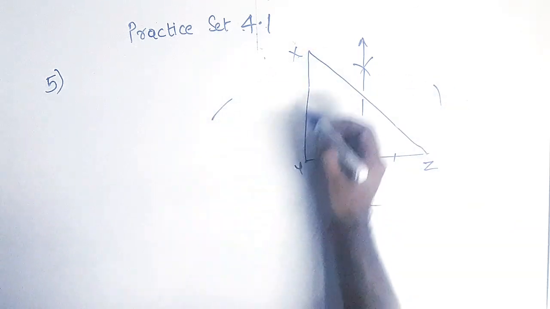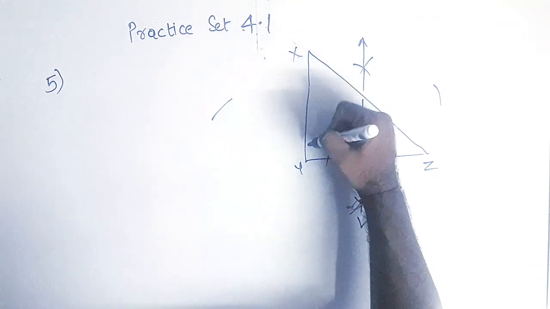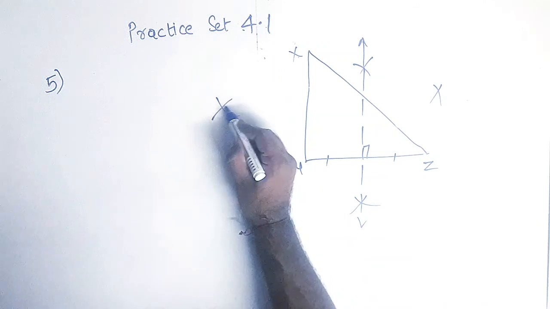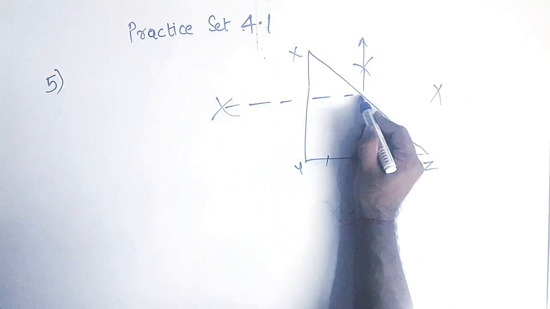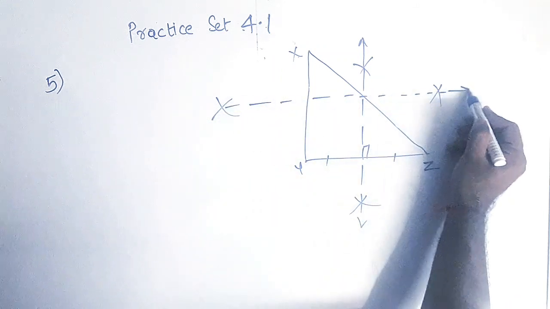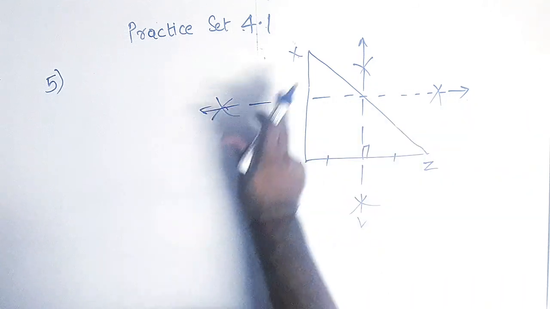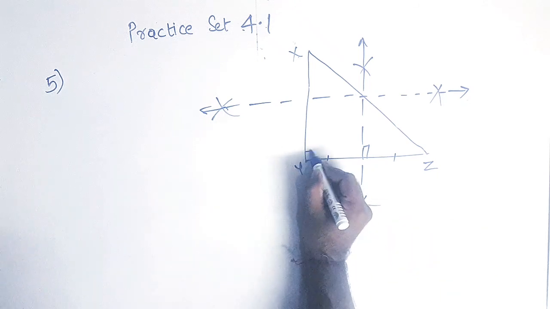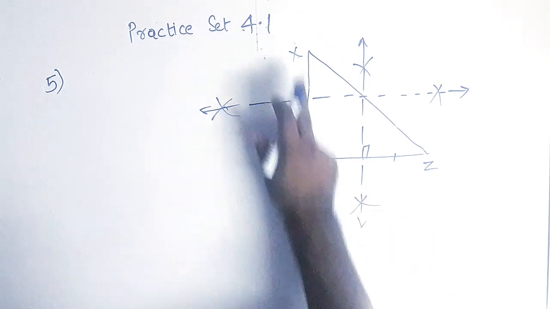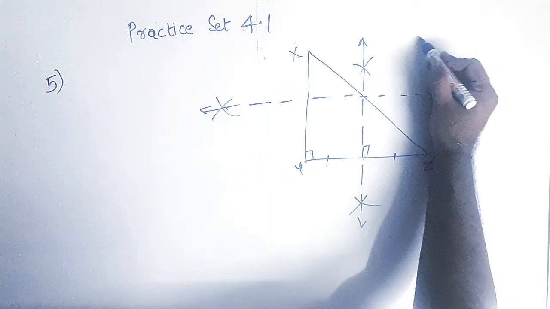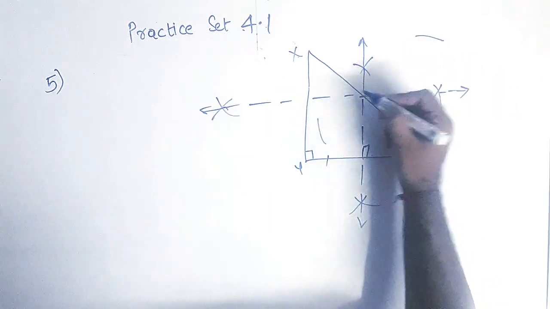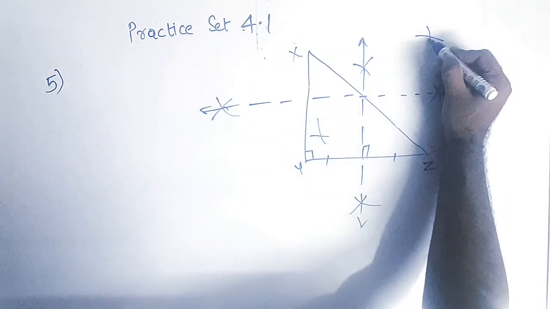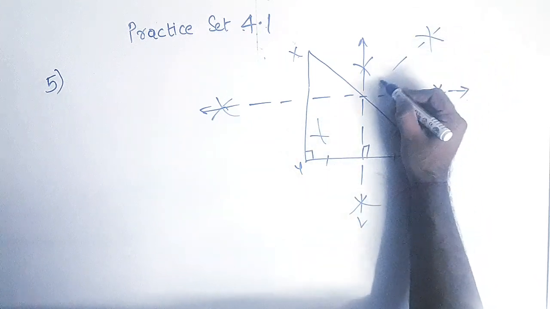Here it will be for X, it will be somewhere here. And lastly for this segment XZ. This is a right angle triangle, so we'll put a mark here XZ. So for Z, and for this X you will place it here. So you will join this.